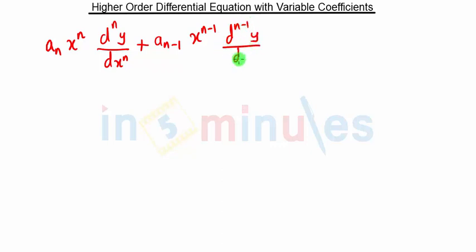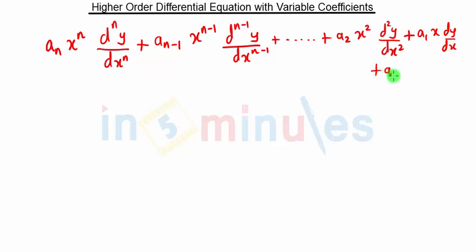Any equation of the form a_n x^n d^n y/dx^n + a_(n-1) x^(n-1) d^(n-1) y/dx^(n-1) + and so on, a2 x^2 d^2y/dx^2 + a1 x dy/dx + a0 y = X. So any equation in this form is called an equation with variable coefficients.